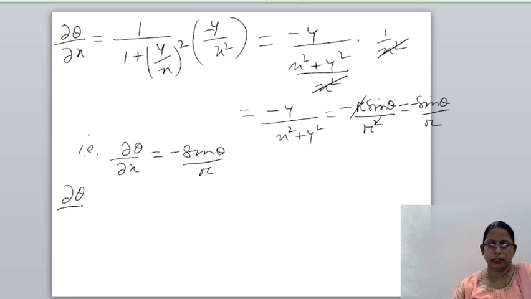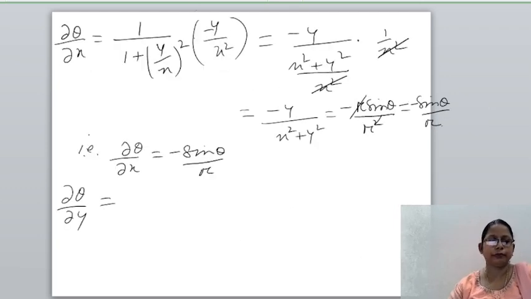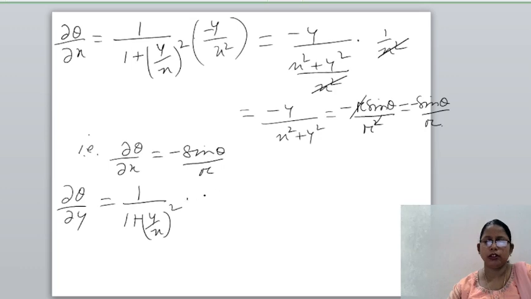Again, del theta by del y will be the differentiation of 2 with respect to y treating x as constant. That is, on the left hand side, this is del theta by del y. Here it is the differentiation of the tan function, then the differentiation of this function. This is 1 by 1 plus y by x whole square, dot the differentiation of this function with respect to y treating x as constant.